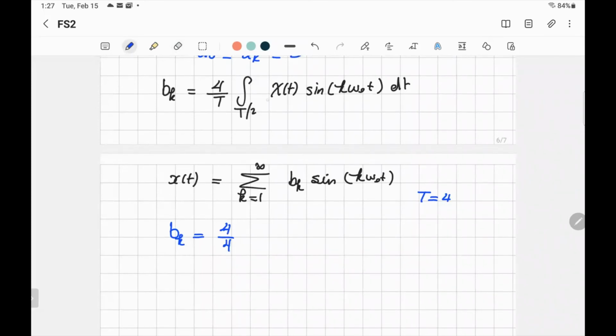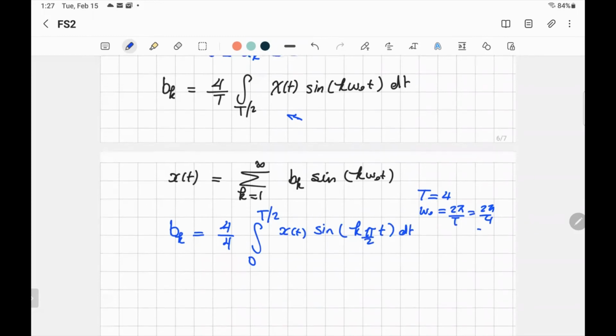The integration will be from 0 to T over 2, not the whole thing. The function is sine k omega naught t. What's omega naught? Omega naught is equal to 2 pi over T, 2 pi over 4, so it'll be pi over 2, right? So sine k pi over 2 t dt.